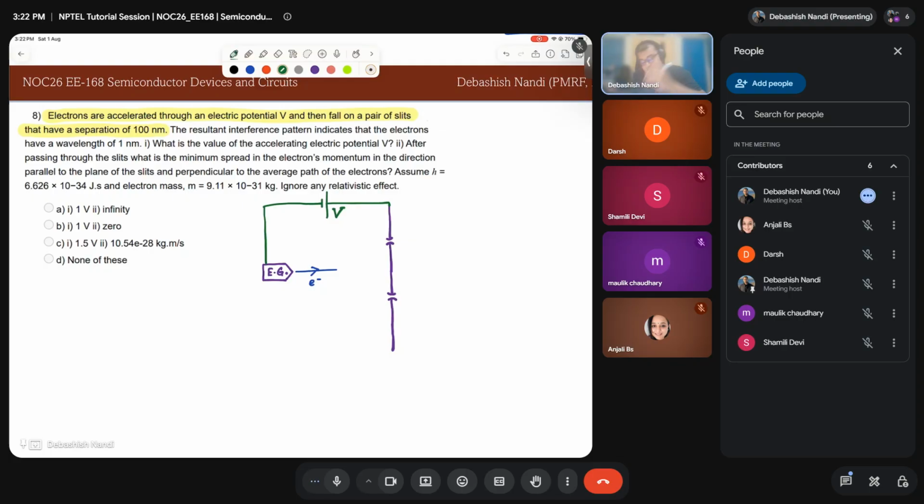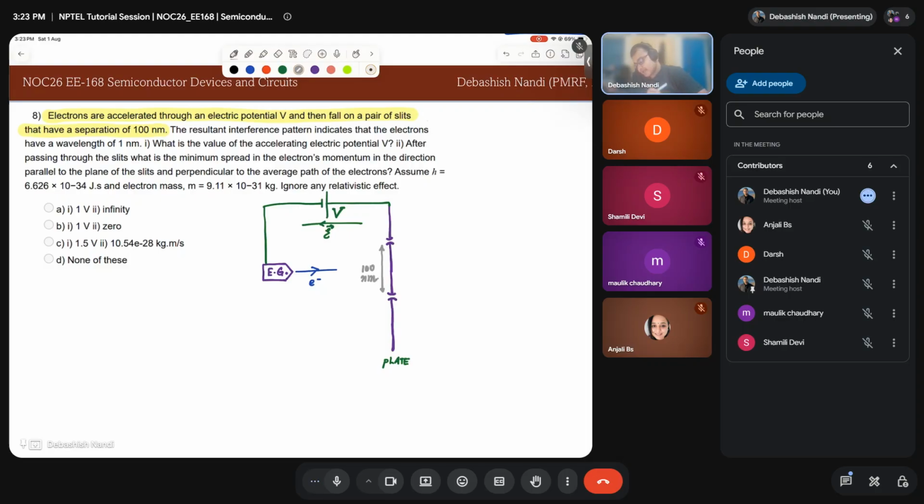So this plate is V potential higher than the position from where the electrons are getting emitted from the electron gun. So the electron will get attracted towards this because my electric field lines are in this direction, right? So that will accelerate my electrons. Fine. And it is also mentioned that the spacing here is 100 nanometer.